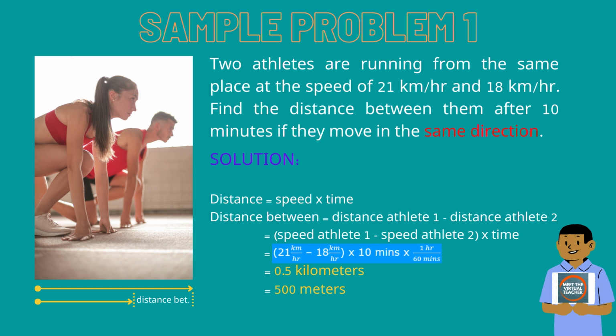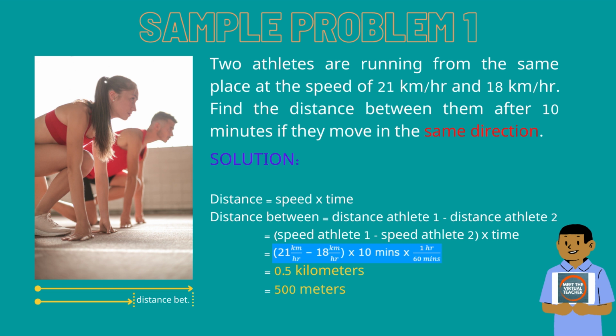subtract the distance of athlete 1 from distance traveled by athlete 2, which is equal to speed of athlete 1 minus speed of athlete 2 times time, since time is the same for these two, which is equal to 21 kilometers per hour minus 18 kilometers per hour times 10 minutes times 1 hour over 60 minutes.